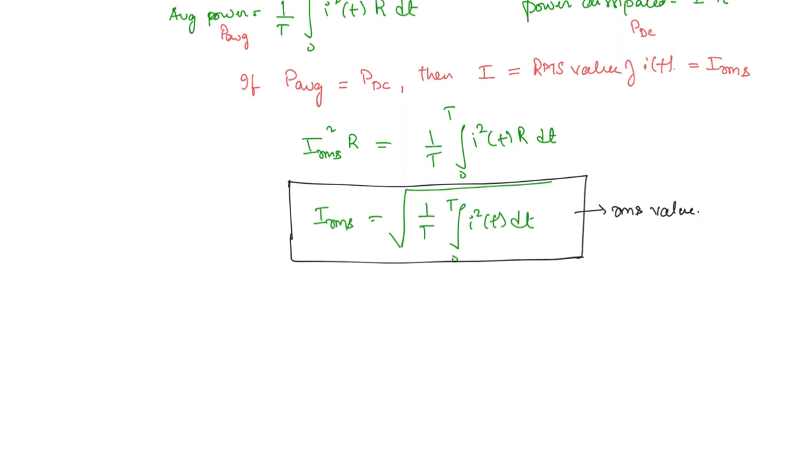If you take any signal x(t), in general the RMS value of x(t) is given by the root of 1 by T integral 0 to T of x(t) whole squared dt.